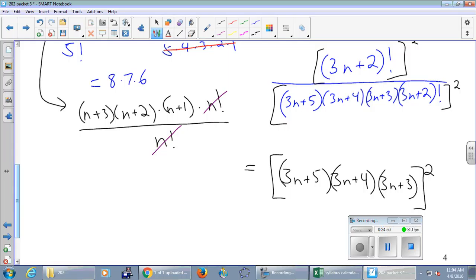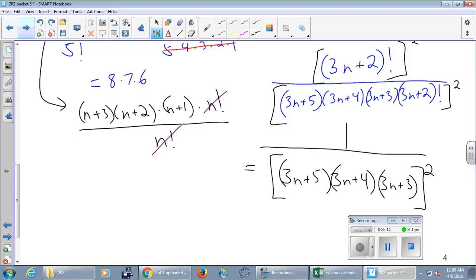Instead of having the square on the outside, we know that that's the same as having squares on each of them. Okay, is this it? It's 1 over, right? So just make sure, just because everything cancels doesn't mean you don't have to write anything. Right? So the 1 is fine also.